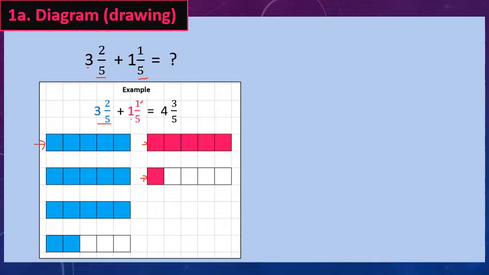Now, to see what this totals to, I've got 1, 2, 3, 4 wholes and 1, 2, 3/5 left over. So this diagram here demonstrates that 3 and 2/5 plus 1 and 1/5 equals or is the same as 4 and 3/5.